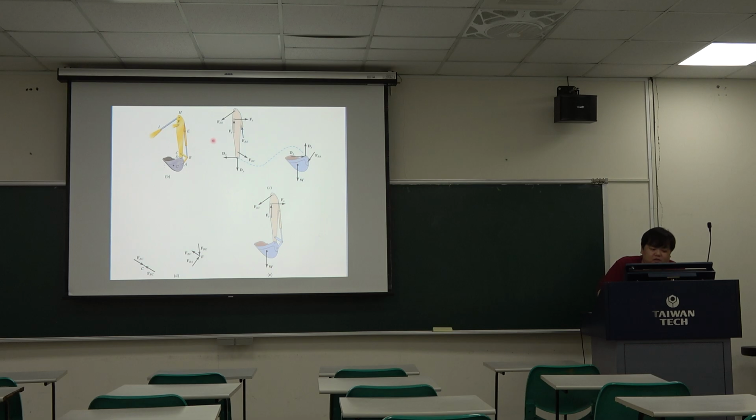Okay, so like this part, we have the pin connected here. So we have the force in this direction because this is a two force member. Okay, so we have the HI. And at point F, we also have a pin connect. So we have a two direction force. And at point B, okay, EB is the two force member.